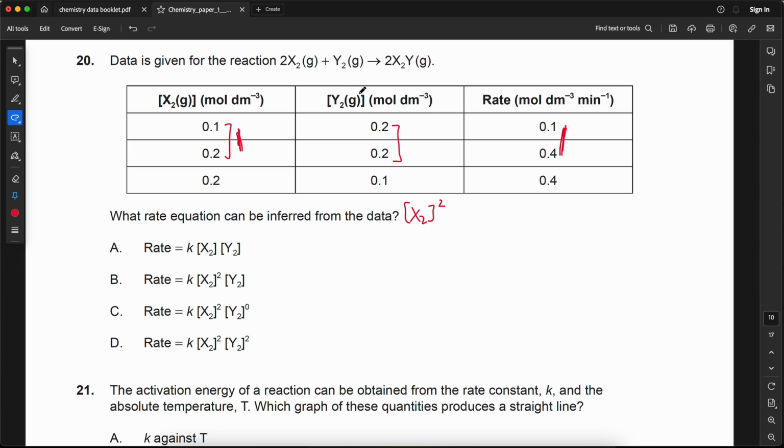And for Y2, these are the same, and we check the concentration: double the concentration, but the rate stays the same. Therefore, for Y2, zero order. If you double the concentration and double the rate, it's first order. Double the concentration, quadruple the rate is second order. And if you double the concentration and the rate doesn't change, it's zero order. Therefore, the answer is C.